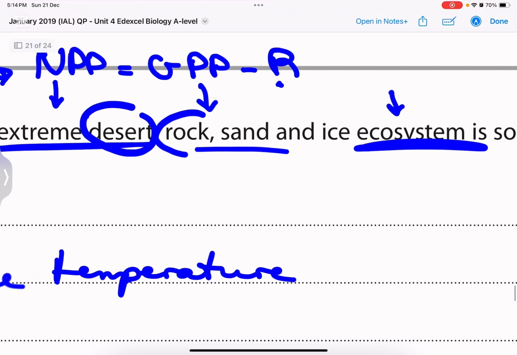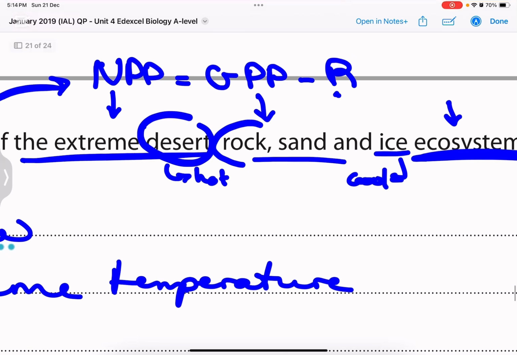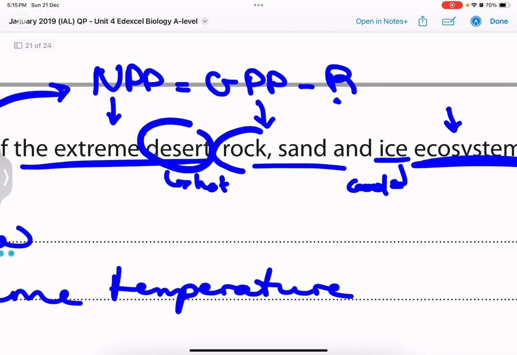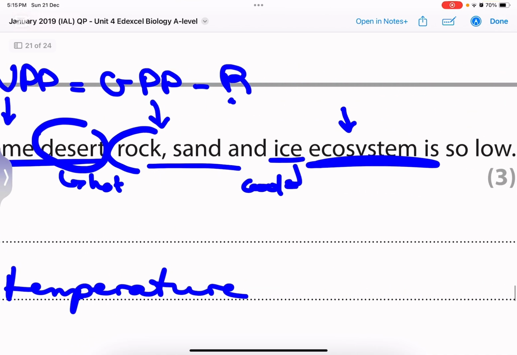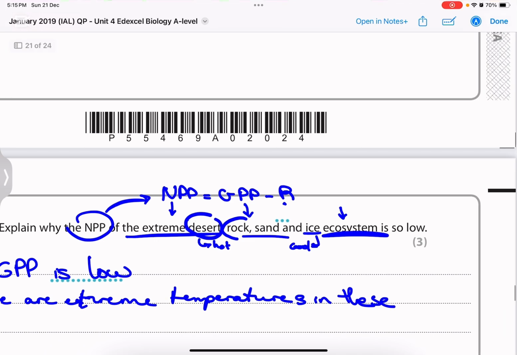Why did we say extreme temperature? Because desert has hot and ice has cold or cool temperatures. If you want to say both, you can say that deserts have very high temperatures and ice has cooler temperatures. However, I made it just shorter by saying there are extreme temperatures in these ecosystems in general.